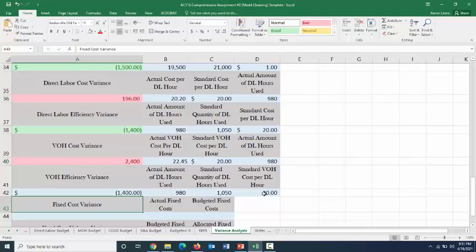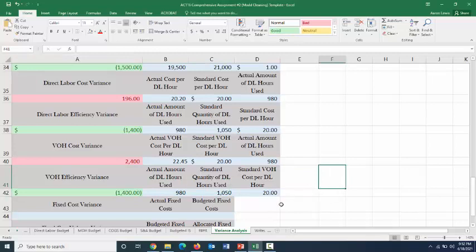What we're saying here is that our employees' working hours cause us to incur variable overhead. And we saved on variable overhead because they had to do less of that activity because they got the job done way faster than they thought they were going to. So that is a favorable variance for us.